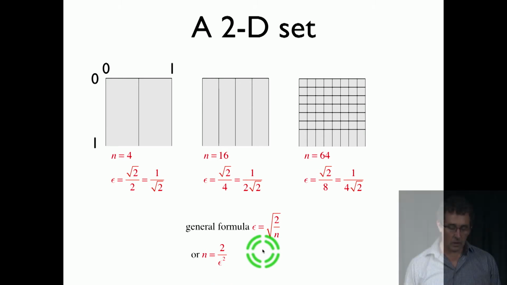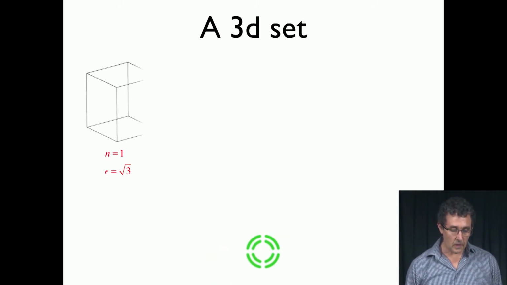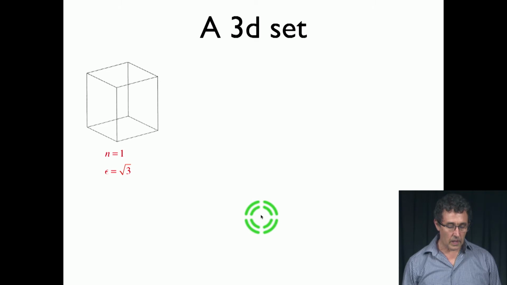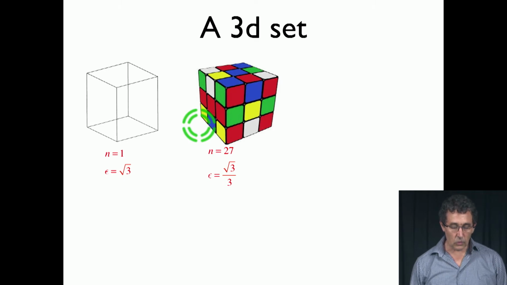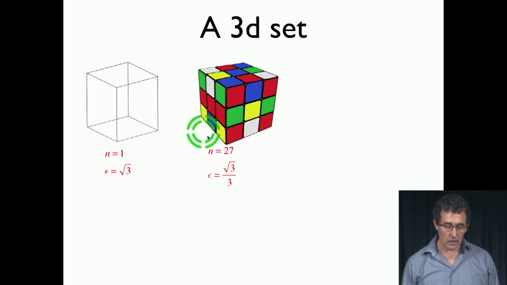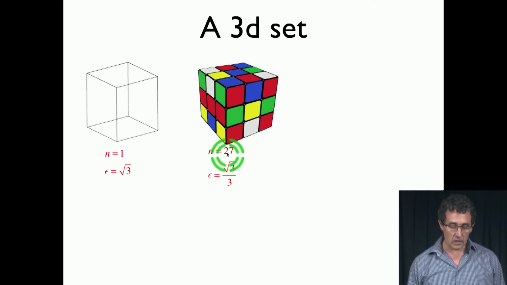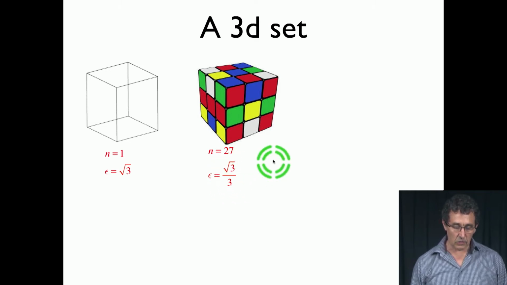Let's look at 3 dimensions. Here we have a cube, and the diameter of the cube is square root of 3. If we divide the cube into 3 by 3 by 3, we get 27 cells, and the diameter is square root of 3 divided by 3.